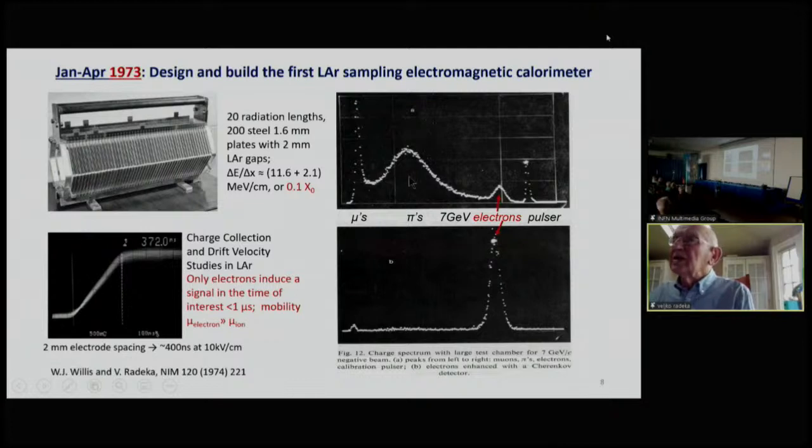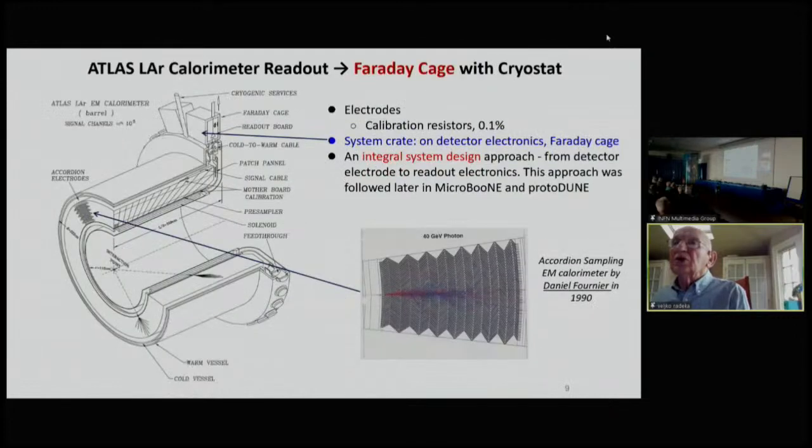This was the negative beam, with Cherenkov selected electrons. And the first measurements were made of charge collection in liquid argon, showing also the transit time and drift velocity in liquid argon.